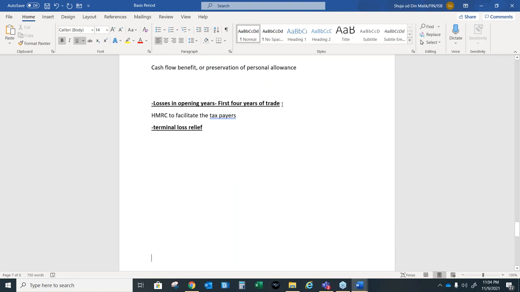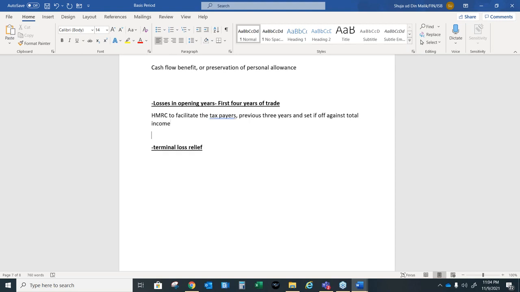So if there is loss in any of the first 4 years of trade, you can carry it back in previous 3 years and set it off against total income.